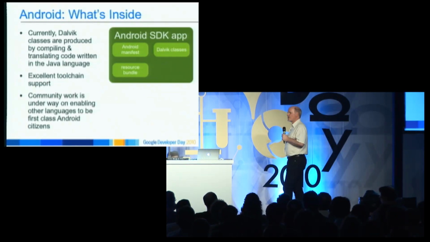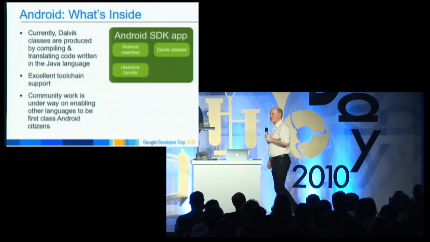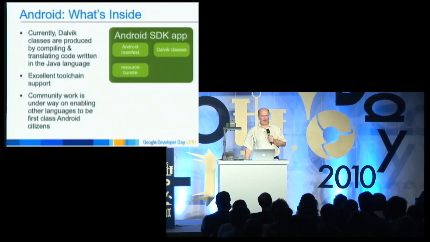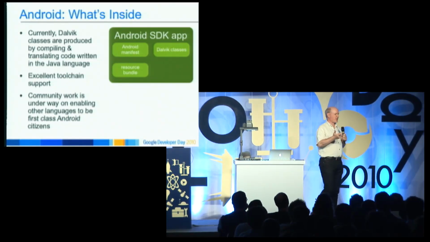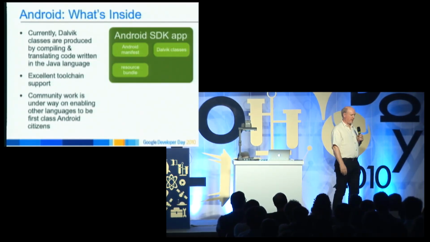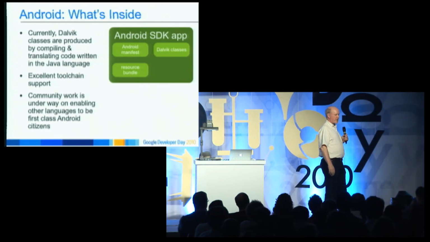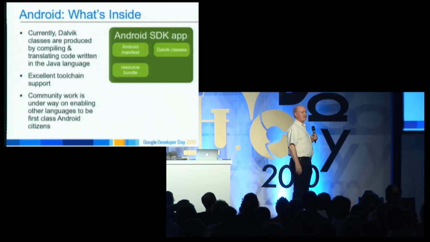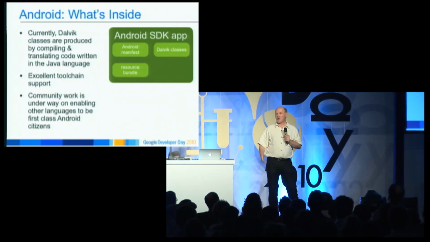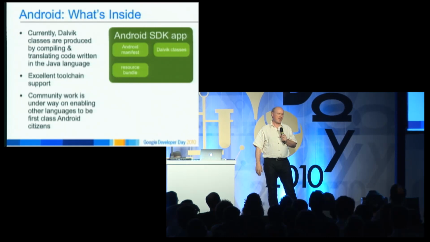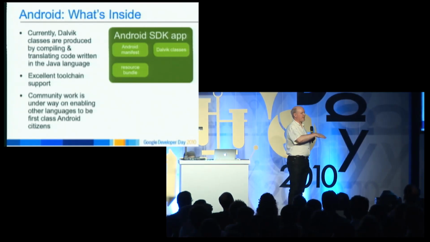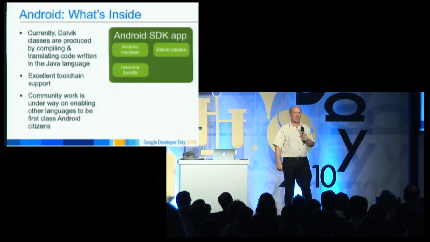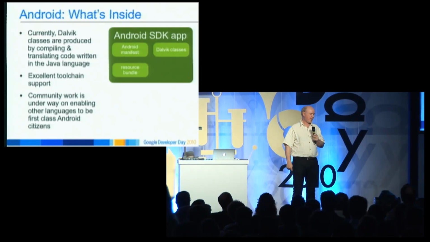By and large, today, these things are produced in Java. They're written in Java, although it's not Java at runtime. As a result, we get to inherit a large part of the Java toolchain, and the tooling for doing this stuff is excellent. There's a first-rate plugin for Eclipse. There are also somewhat lesser evolved plugins for NetBeans and IntelliJ.